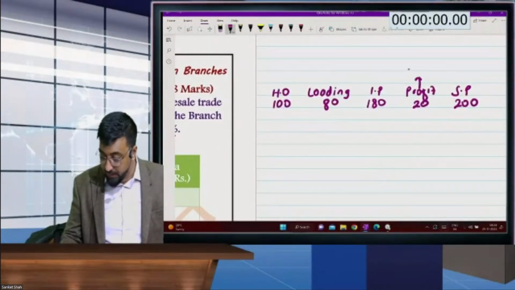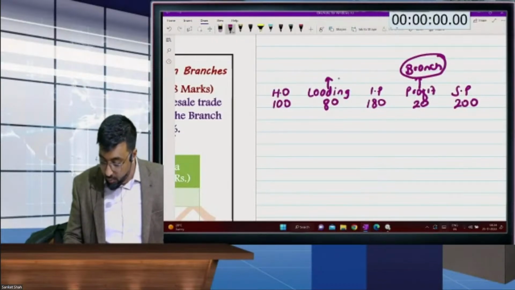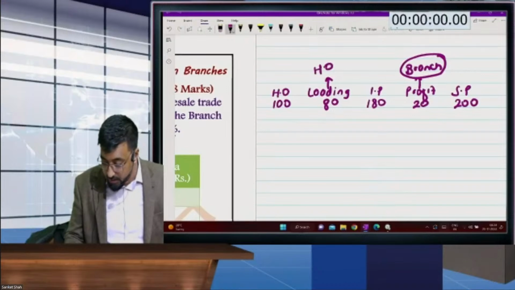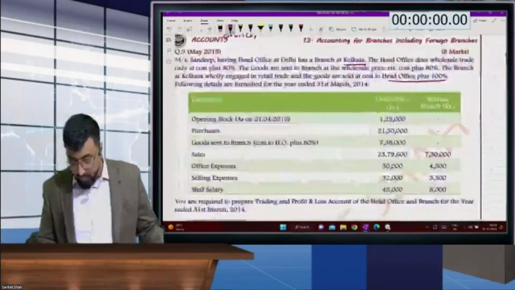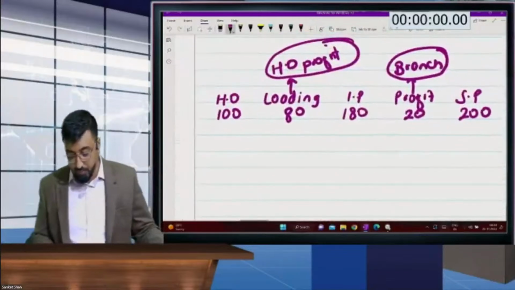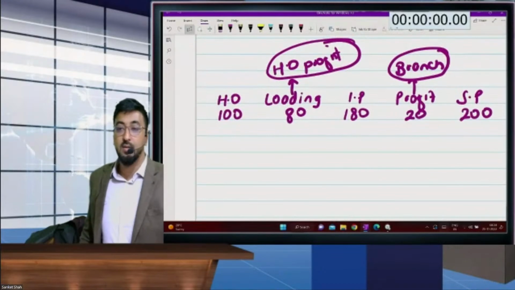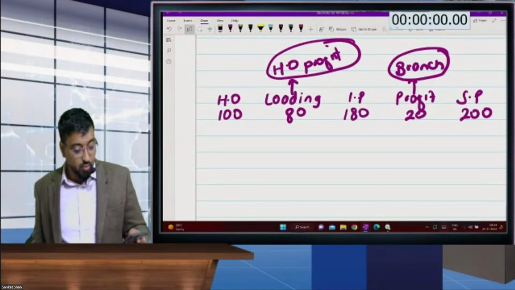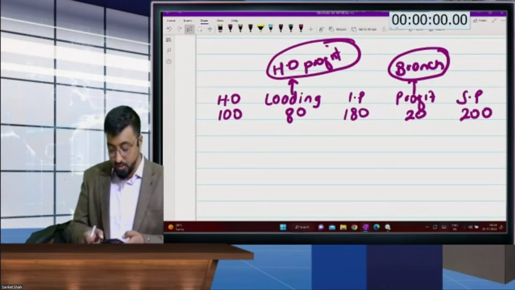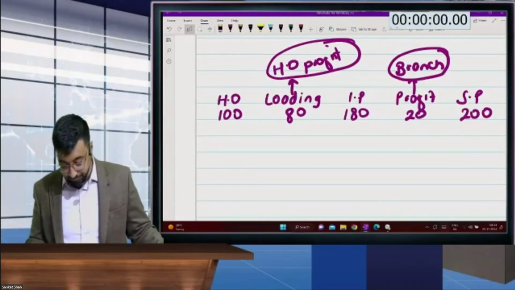Now this profit is of the branch, and if goods are sold, this is the head office profit. Okay, so this is the equation: HO, loading, invoice price. Profit to the branch is 20 only because 180 is the invoice price. So 20 rupees is the profit and the selling price is 200. It is similar to illustration number 11. Very good.